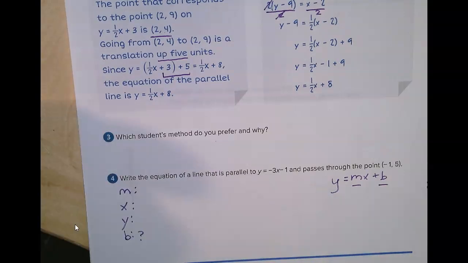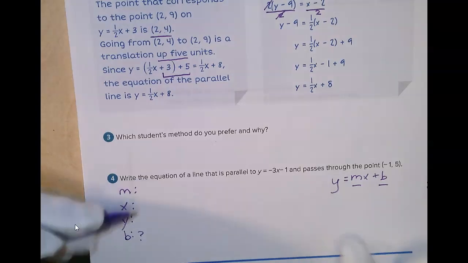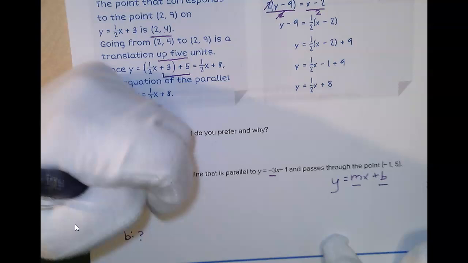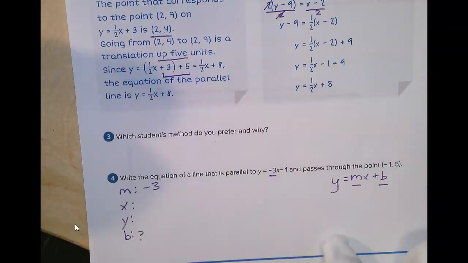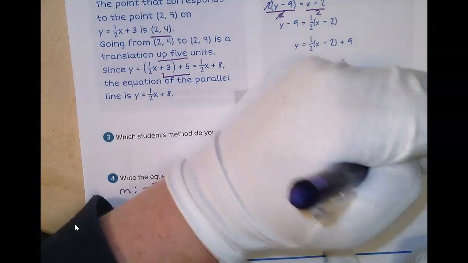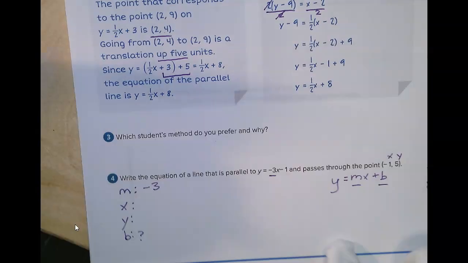All right? So you might be saying, what? You already know an m, an x, and a y? Yes, I do. Because this number right here is the slope. Boom. I know the m. And these numbers right here are an x and a y. X, y.